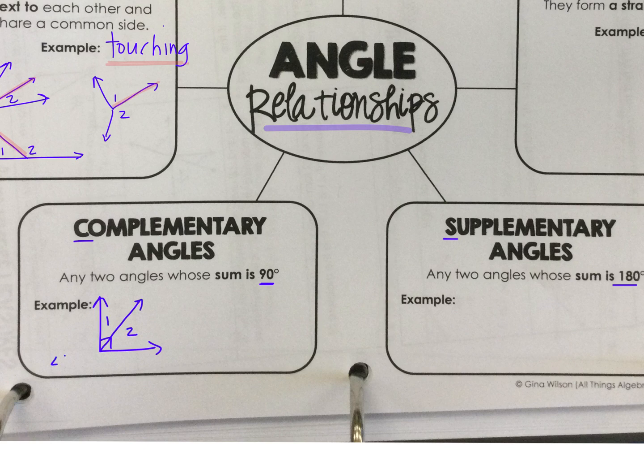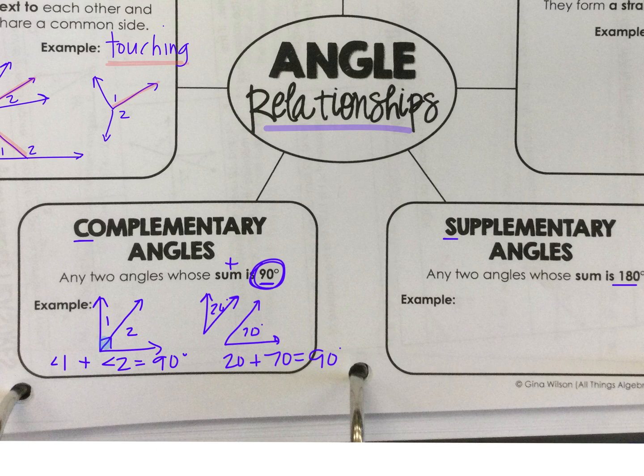So angle 1 plus angle 2 equal 90 degrees, and we know that because I drew that little square right there. They don't have to be touching to be complementary, so I could have a 20 degree angle and a 70 degree angle, and 20 plus 70 equals 90. Either way, they add up to 90 degrees.